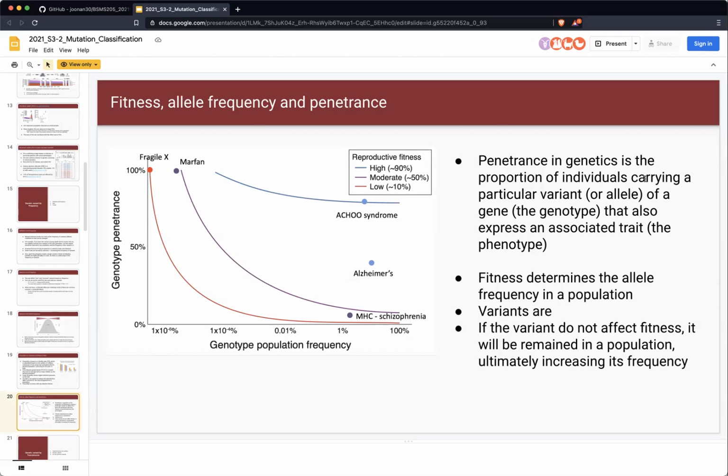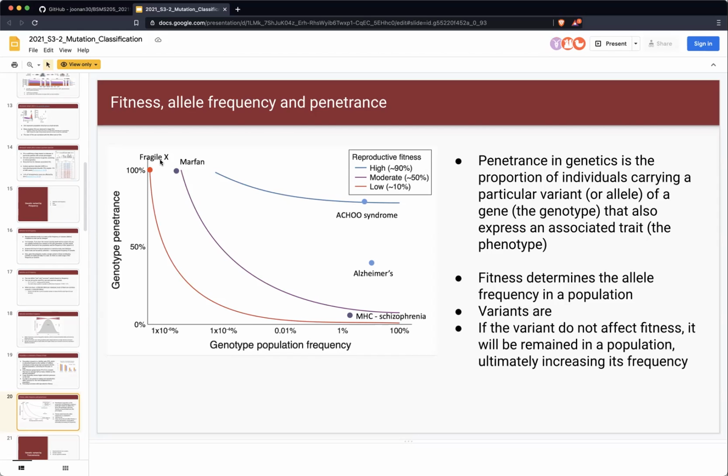So a short example is Fragile X. Fragile X is a disease caused by a single gene, and that is a single mutation too. So with a mutation in the FMR1 gene, people have Fragile X and they die earlier, right?